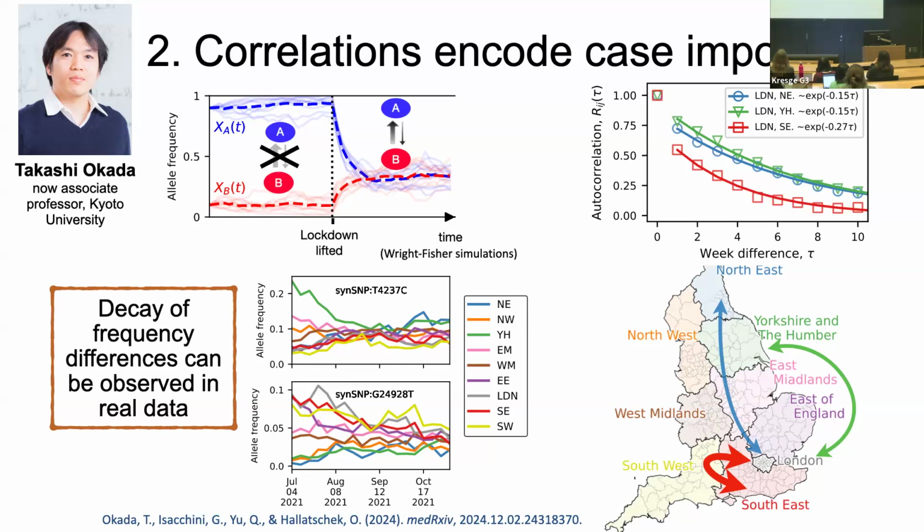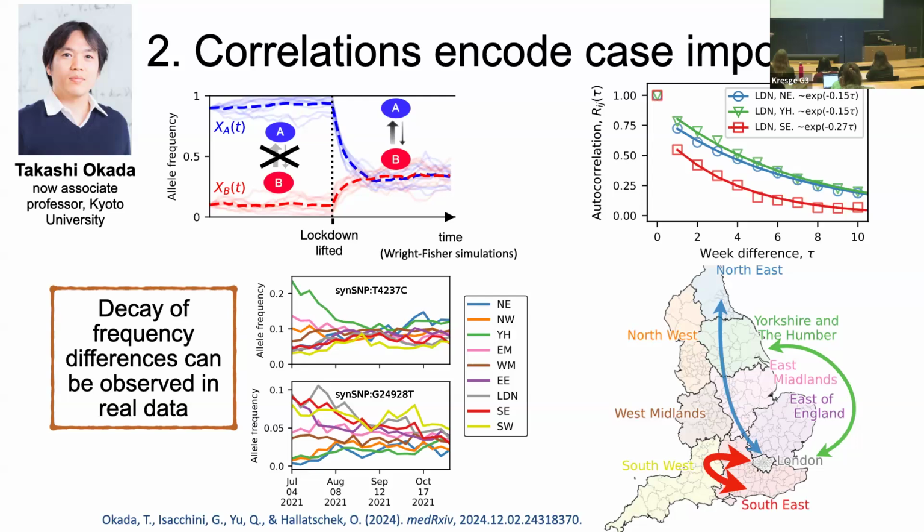And it's a function of time because we are looking at how this frequency difference changes over time. So we're looking at the frequency difference at a later time correlated to an earlier time. These correlations decay because of this regression to some common mean. And this shows not only the decay, it shows actually that the decay is more rapid between regions that are close by, like London and Southeast.